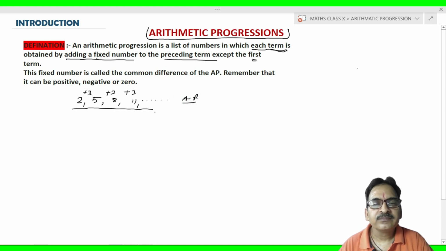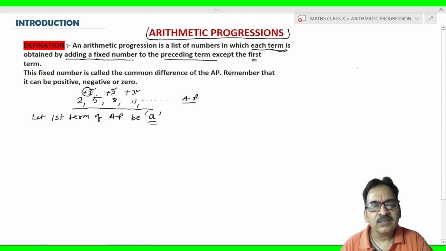Okay. Now in general, let the first term of the AP we consider be A. We always denote the first term by A, and this plus 3 which we get by adding to the previous term. So second term minus first term we get 3, third term minus second term we get again 3, then 11 minus 8 we get 3.